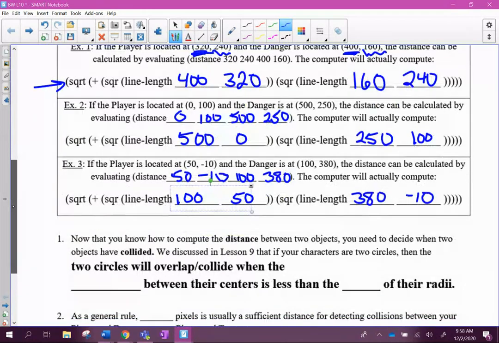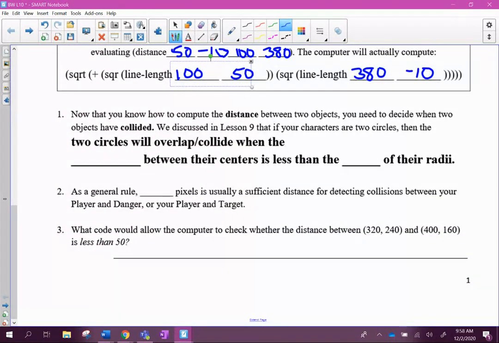Okay? So now that you know how to compute the distance between two objects, you need to decide when two objects have collided. So we discussed in lesson 9 that if your characters are two circles, then the two circles will overlap or collide when the distance between their centers is less than the sum of their radii.